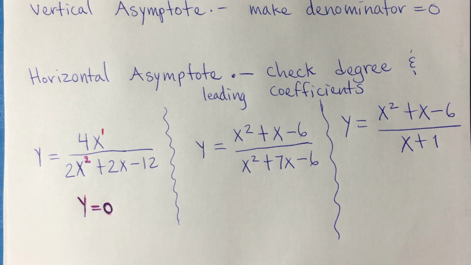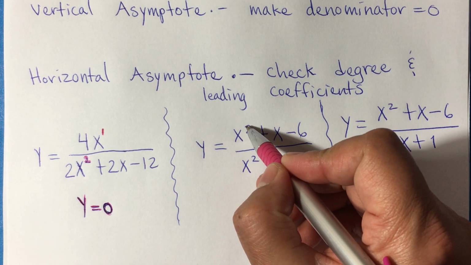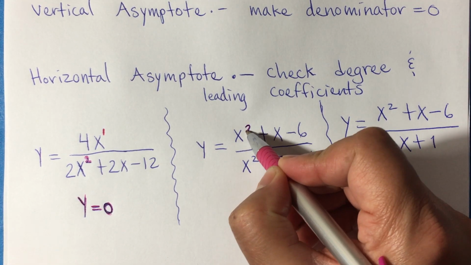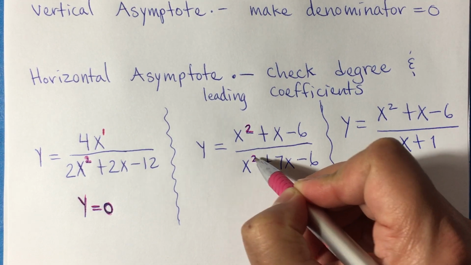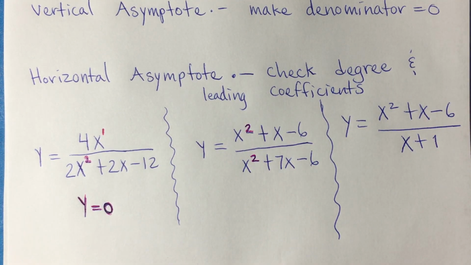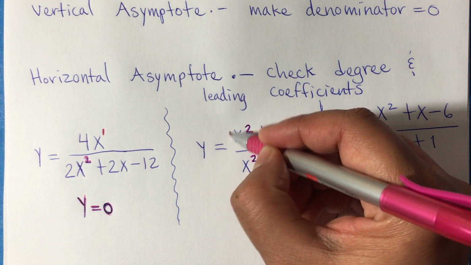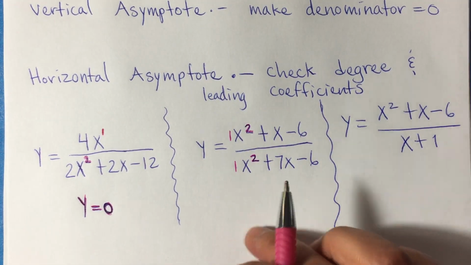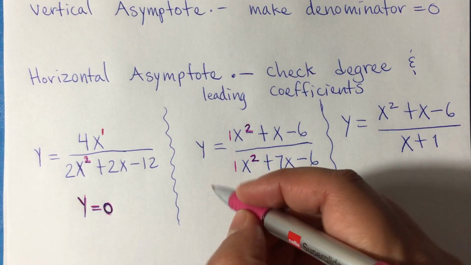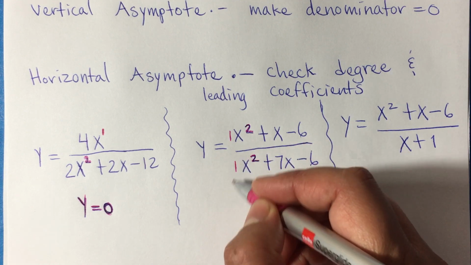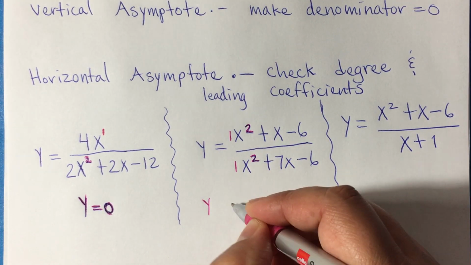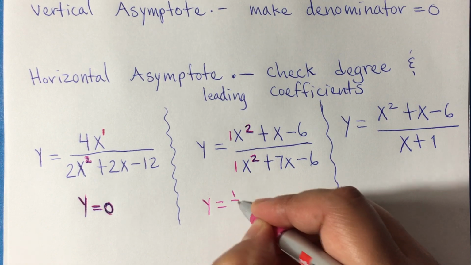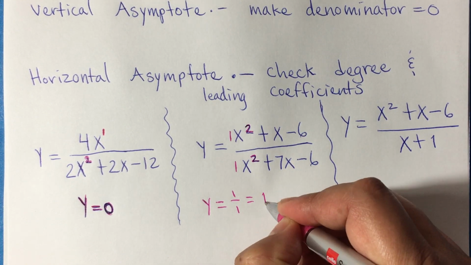The second possibility is if the degree in the numerator and denominator are exactly the same, what you do is divide the coefficients to find that horizontal asymptote. For example, in here we have 1 divided by 1. So my asymptote will be y equals 1 divided by 1, which is equal to 1.